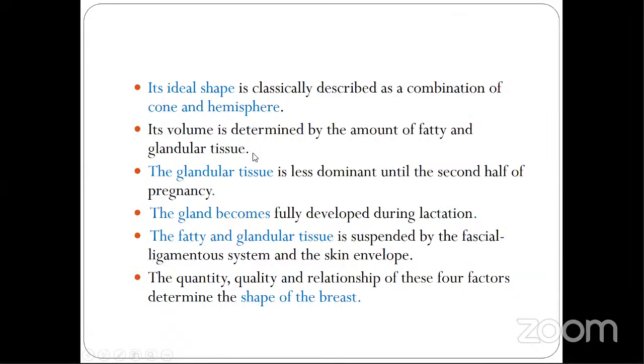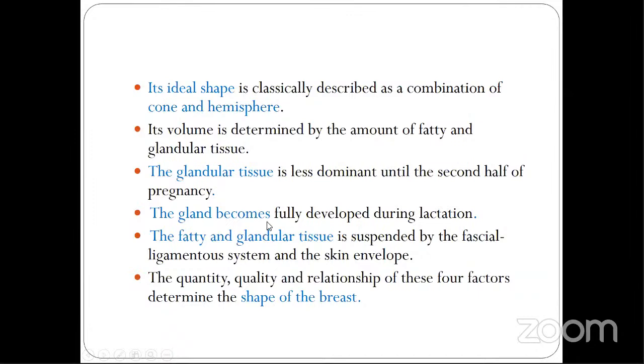The volume of the breast is determined by the amount of fatty and glandular tissue. Glandular tissue becomes dominant in the second half of pregnancy and becomes fully developed during lactation.